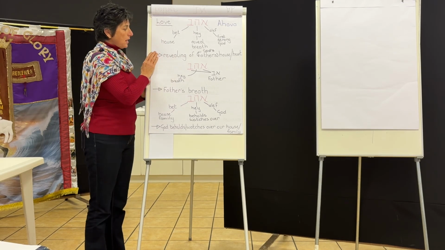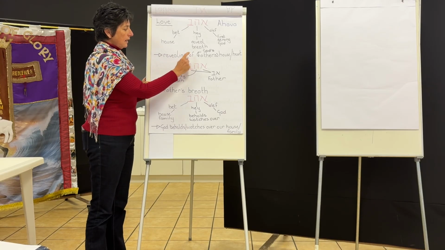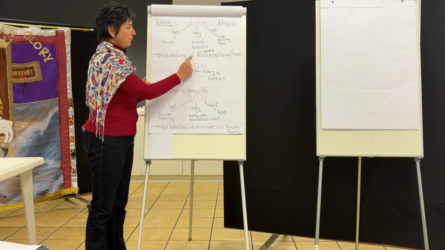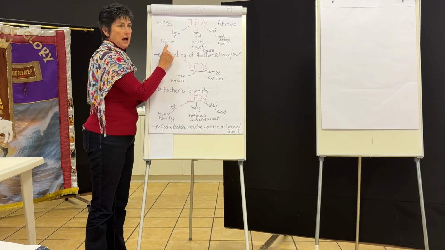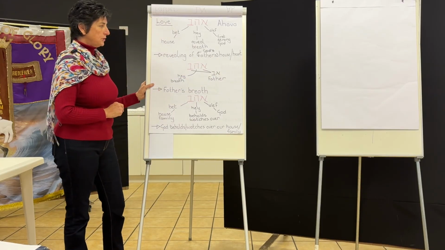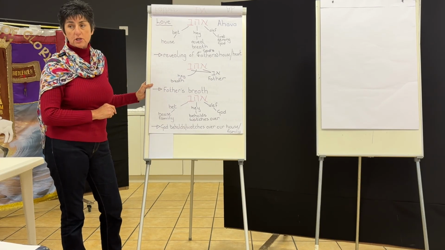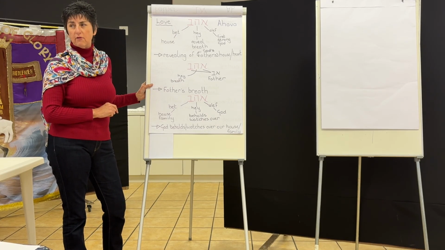We can interpret it as the revealing of God's house, or we read it as Father's house. So the revealing of God's house, or his heart. So that's how we could interpret what love means: it's the revealing of Abba Father's heart for us, of his house.